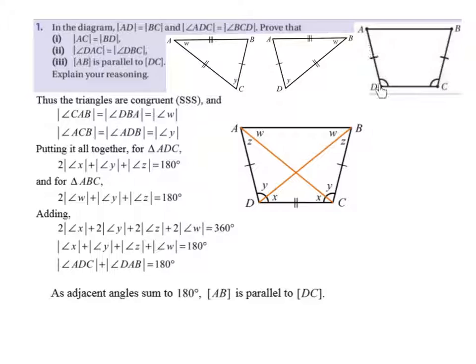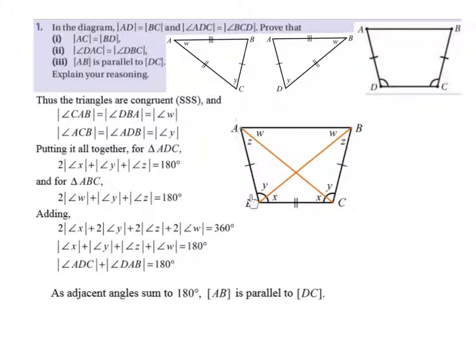If we have a look at it down here, ADC, so this triangle here, ADC. So 2 times angle X plus Y plus angle Z is equal to 180 degrees.